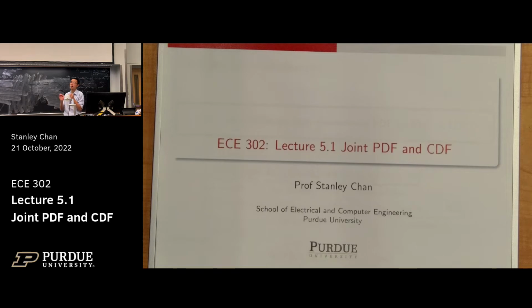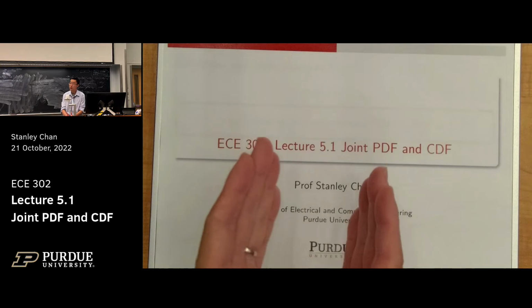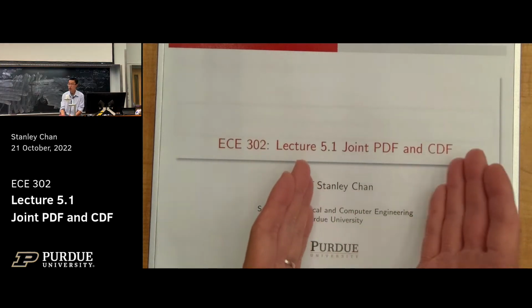The moment we talk about the correlation between two random variables, we need to talk about random variable X and random variable Y. If X has a PDF and Y has a PDF, what do we mean by the joint PDF? So in this lecture, 5.1, we want to study the joint PDF and joint CDF.